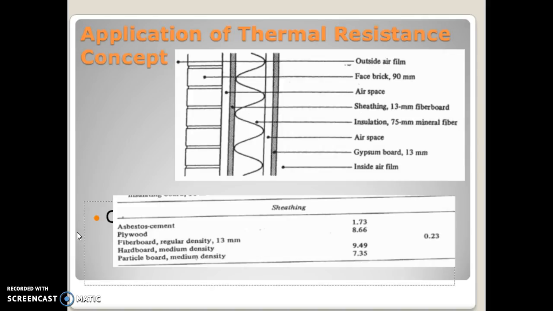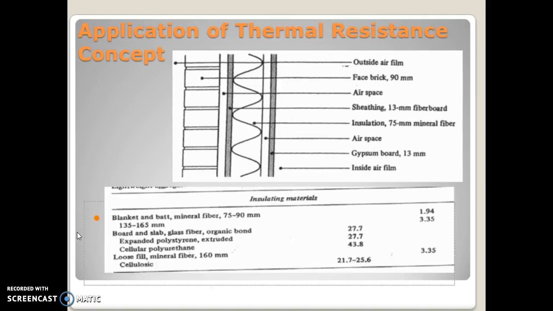Now let's take the next component. Let me check what it is exactly. It is board and slab glass fiber organic bond.